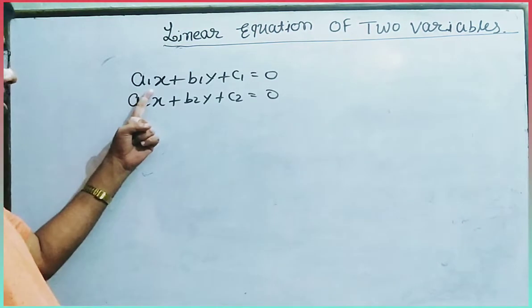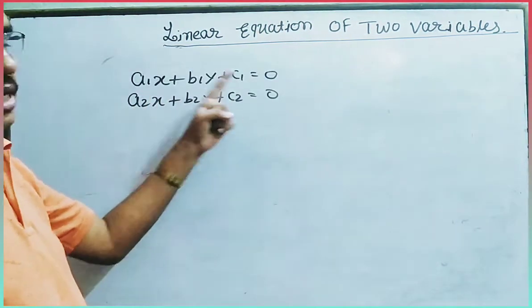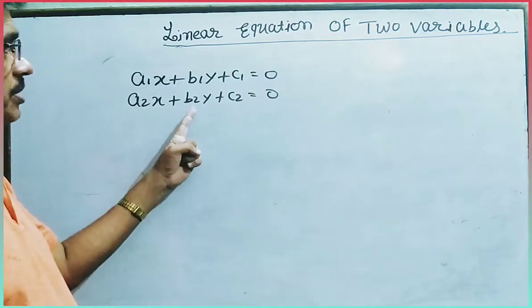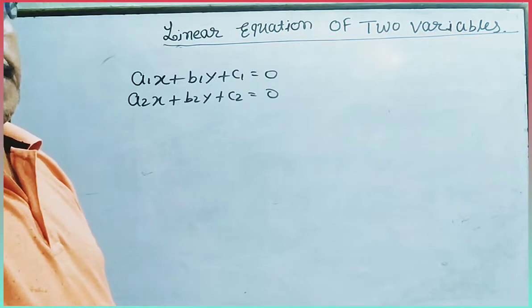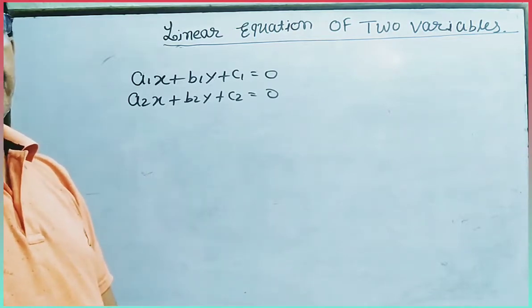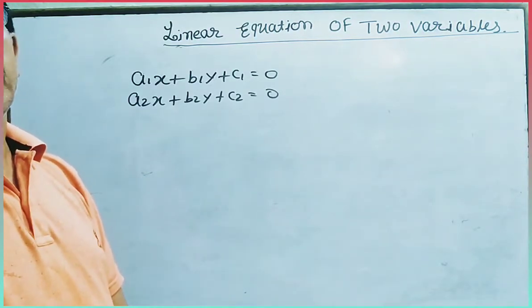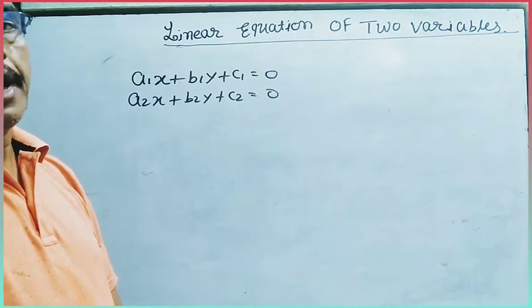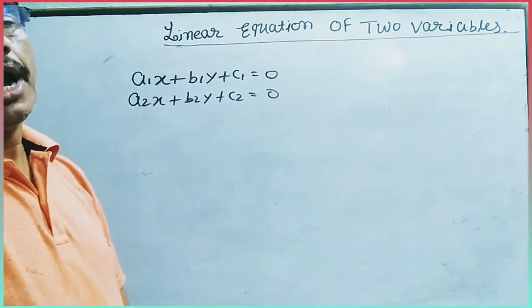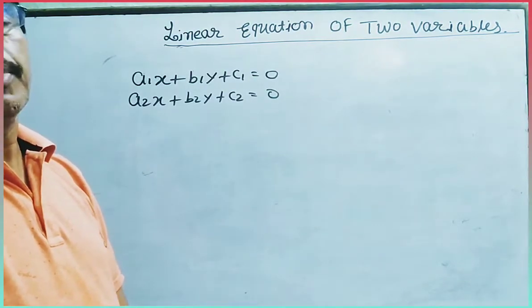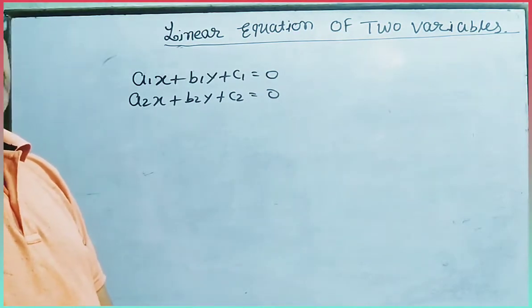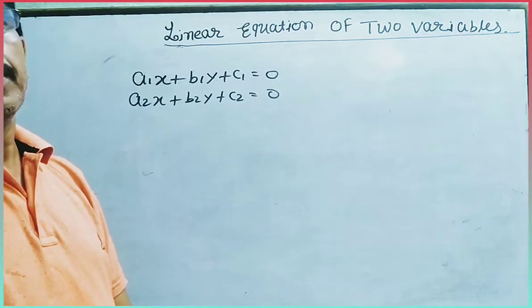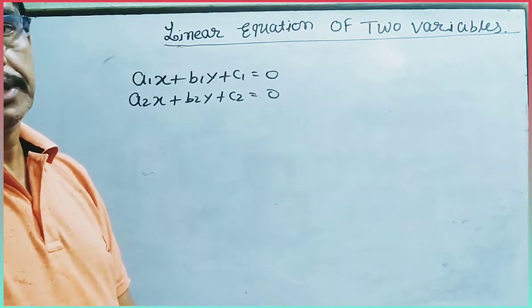Now a1x plus b1y plus c1 and a2x plus b2y plus c2, where a1, b1, c1, a2, b2, c2 are real numbers and a1, b1 and a2, b2 are not equal to 0. This type of standard form is called linear equations of 2 variables, or simultaneous equations.